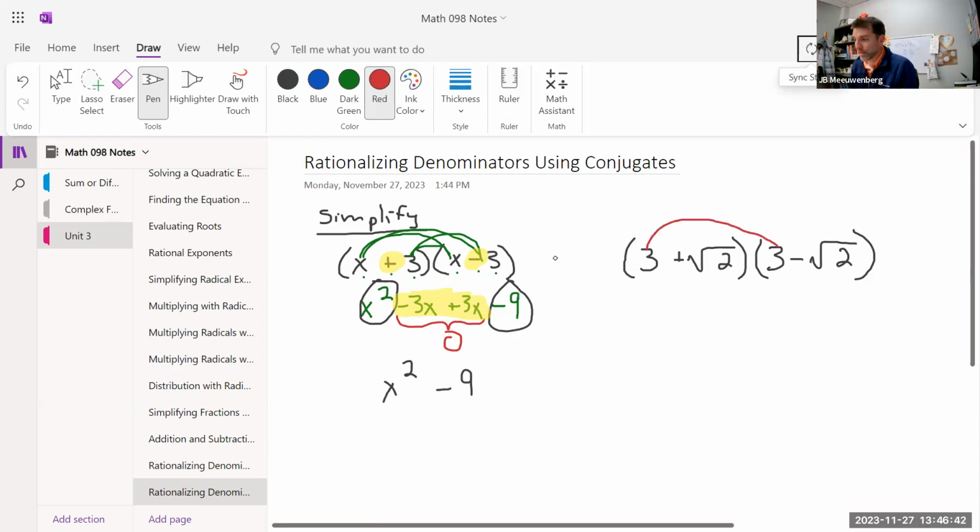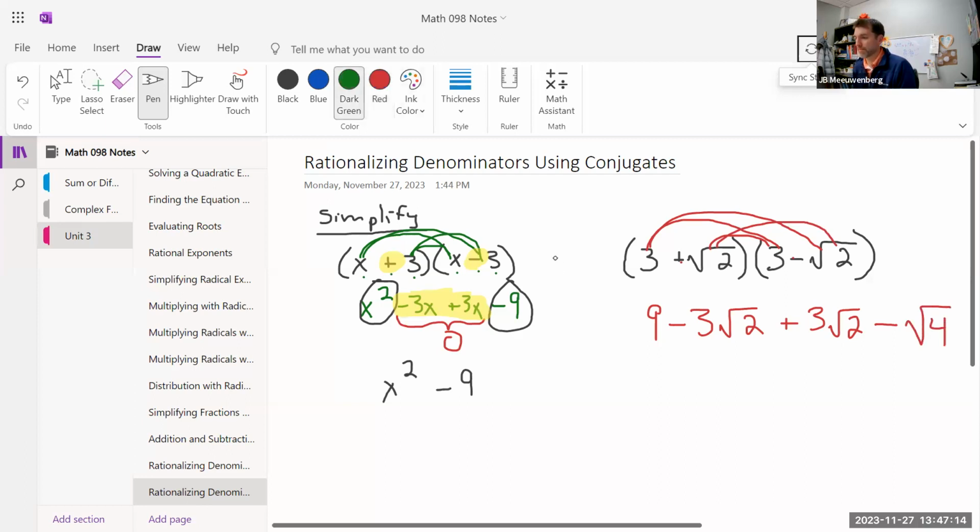So we start with the 3 times the 3, which is, of course, 9. 3 times the minus radical 2 is minus 3 radical 2. Then we distribute the radical 2 here, which is plus, because this was a plus, 3 radical 2. Again, 3 radical 2. Minus, plus times minus is minus. Radical 2 times radical 2, which is the square root of 4.